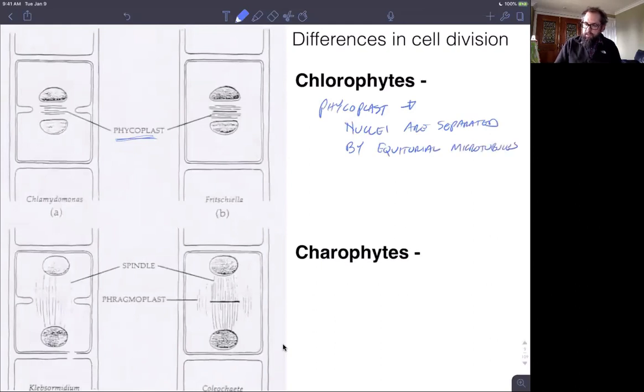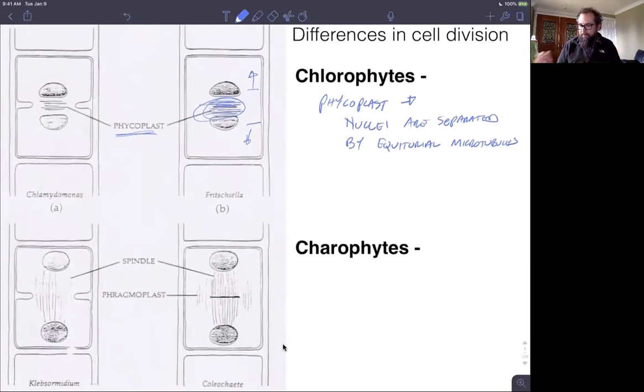That's shown here, where we see 2 nuclei dividing. These are separating from each other, and the phycoplast is forming with those equatorial microtubules, meaning arranged across the equator of the cell. This is all from ultrastructural studies looking at how cell division is initiated in these 2 different groups.